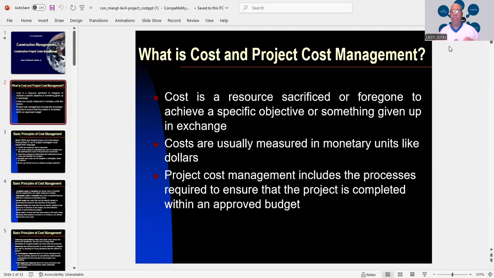Costs are usually measured in monetary units like dollars. And then project cost management includes the processes required to ensure that the project is completed within an approved budget.